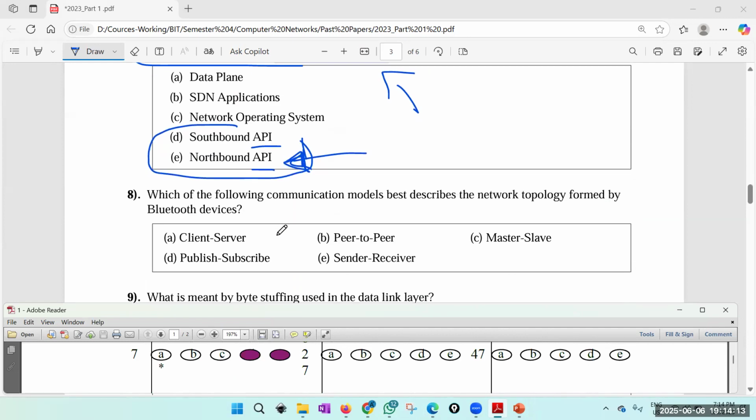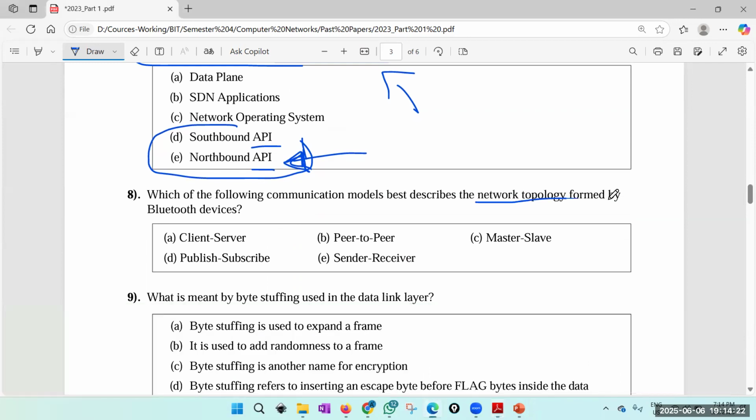Eight. Which of the following communication models best describes the network topology formed by Bluetooth devices? We discussed topologies for local area networks like star, bus, ring, though ring is very rarely used these days.